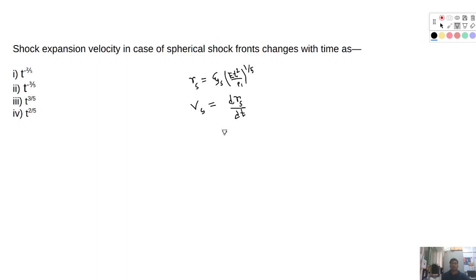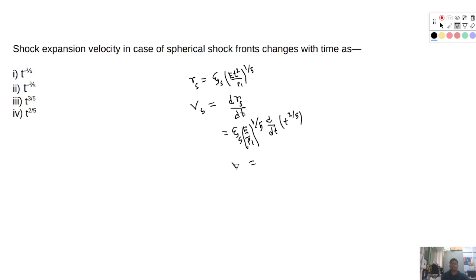So take epsilon, E by rho 1, where rho 1 is the density in the ambient medium, the surrounding medium, which is to the power 1 by 5 again, and then you have t squared to the power 1 by 5, so d by dt, which is t to the power 2 by 5, right? So therefore you have some constant here. You need to know the scaling law.